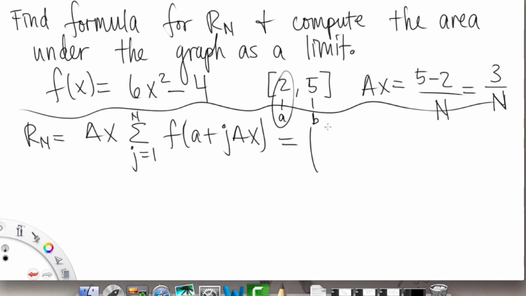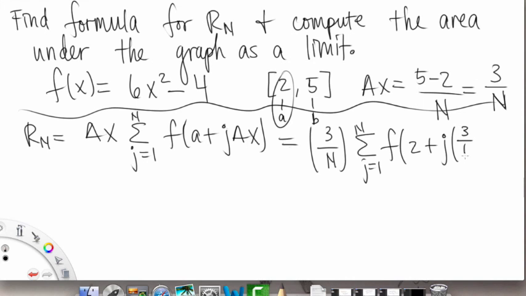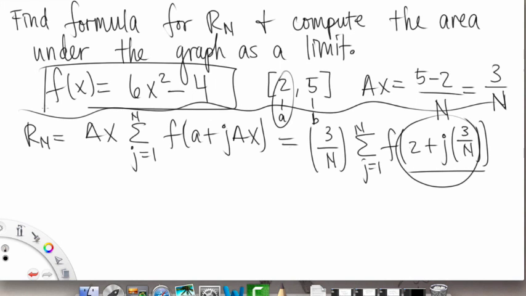So delta x is equal to 3 over n, and then we have that multiplied times the sum from j equals 1 up to n of f of a, which is 2, plus j times that delta x, which is 3 over n. Here we see that because our a is not 0, we can't just cross out that 2. So we have to plug this entire thing that I just circled into our function f of x.